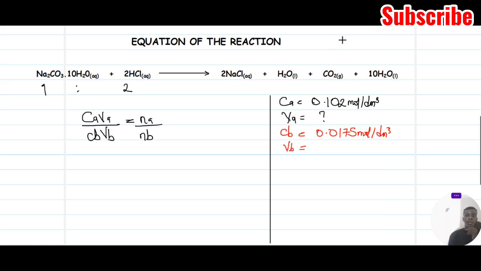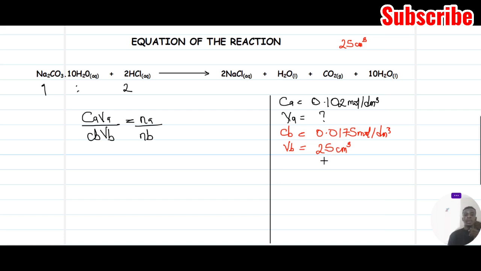I believe most secondary schools' pipettes come with a capacity of 25 cm cube. That's the volume of your pipette. Some can be 20, but I prefer using the 25 cm cube pipette. So your VB is 25. Take note, if you are using a 20 capacity pipette, you use 20 here.